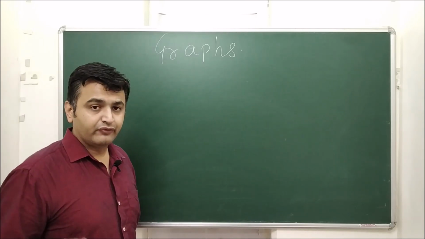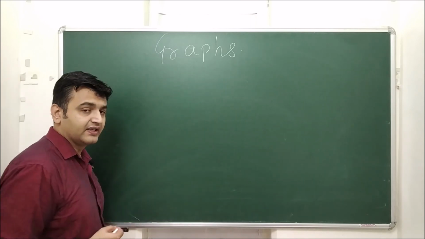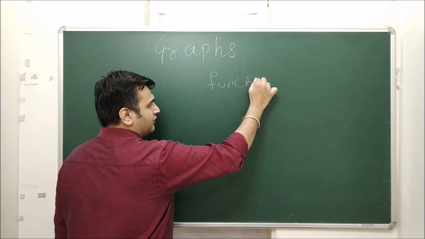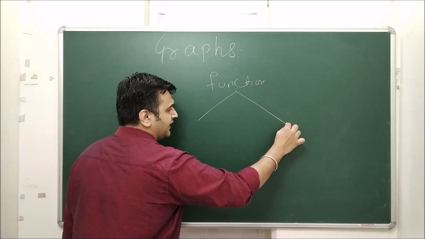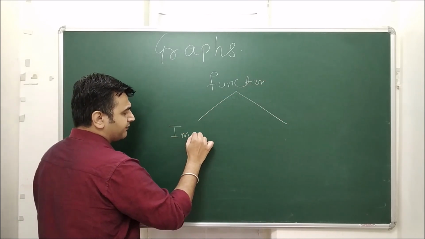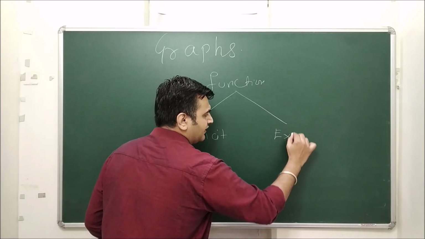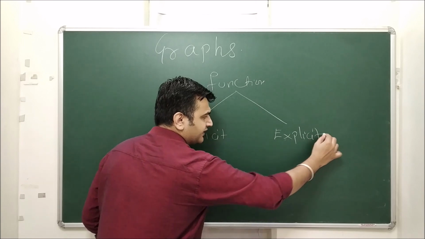Before starting the graph, usually there are many categorizations of a function, but one of the categorizations is that they can be divided into implicit functions and explicit functions. Well, the name itself is very clear.